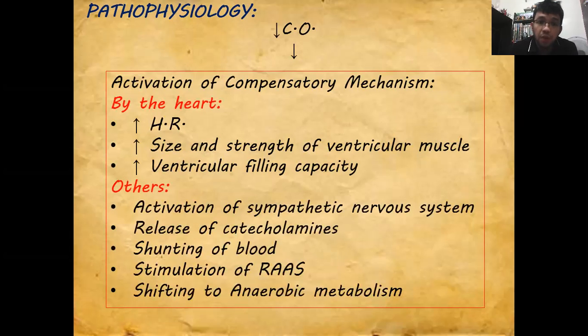Others are brought about by the activation of the sympathetic nervous system. Remember, once the sympathetic nervous system is always activated, there will be release of the catecholamines. What are the catecholamines? These are the epinephrine and norepinephrine. So if you're constantly stressed out, this can contribute later to this.